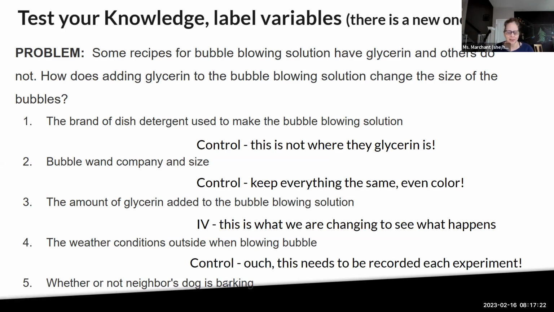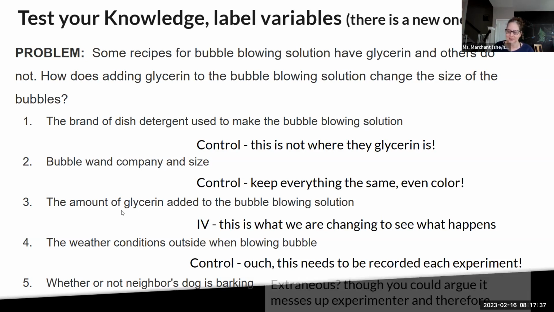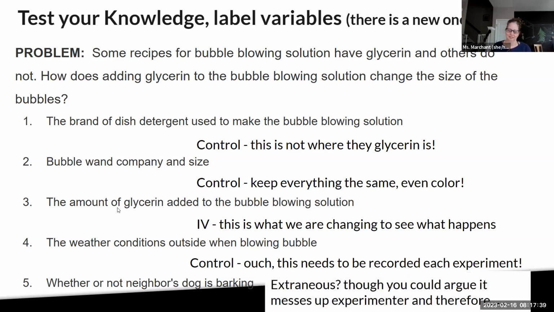Whether or not the neighbor's dog is barking, the first time I used this, I put it in there just to be funny, but I got a lot of great responses on that. If the dog barking scares you while you're doing the bubble blowing, could that affect your data? Yeah, it could. So again, maybe record that each experiment.